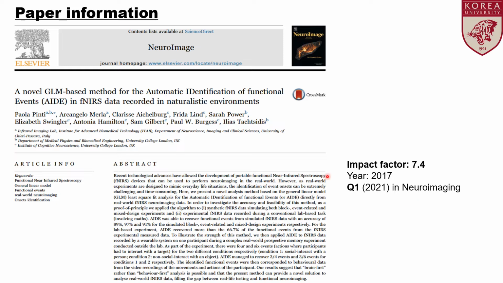This article was published by Paula Pinti and his group fellows, and in this article they presented a novel GLM method for event identification of fNIRS data in a naturalistic environment. Means with this algorithm we can analyze the fNIRS data which we recorded using real-world experimental paradigms.